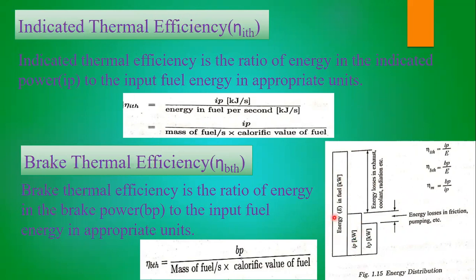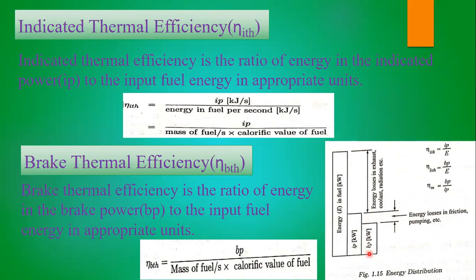That means if the energy is 100%, we can convert only 40% to indicated power, and brake power is somewhat less, around 33%, 32% like that. So a lot of energy is going to be wasted here because of frictional losses and pumping losses.